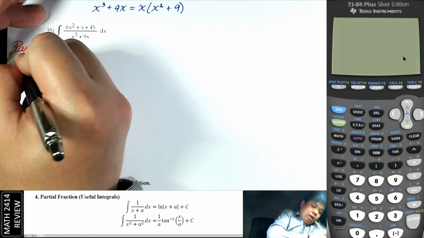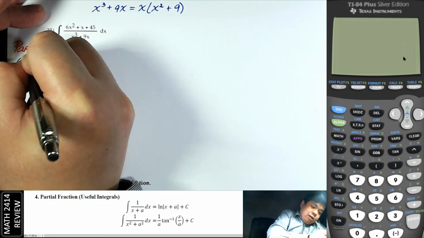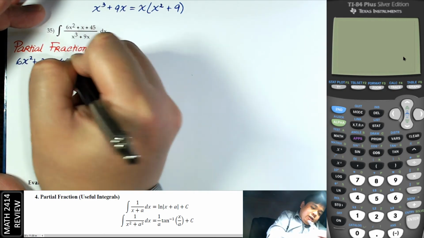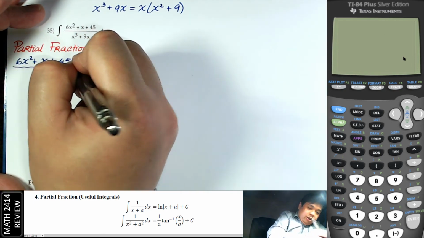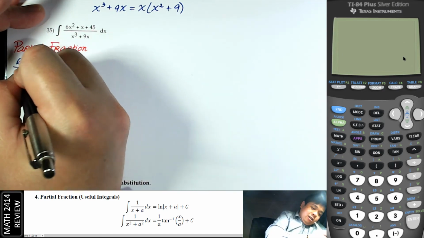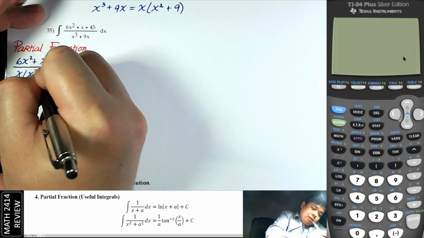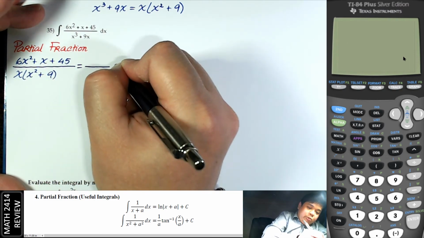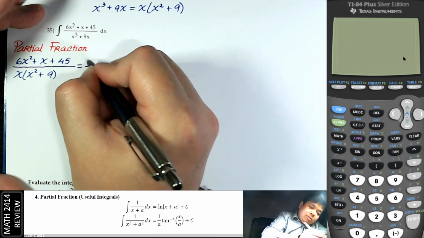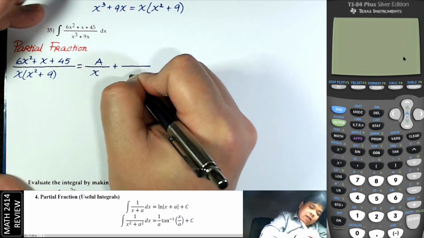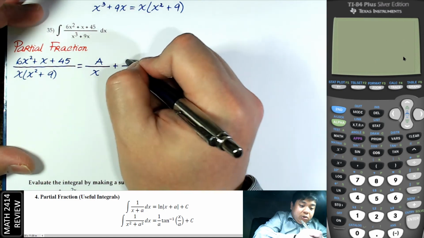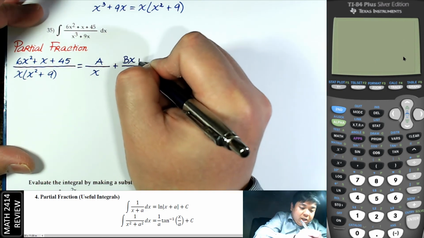Here we have 6x squared plus x plus 45 over that, which will be split into two fractions, over x and over x squared plus 9. So this is quadratic, so the top is going to be bx plus c.